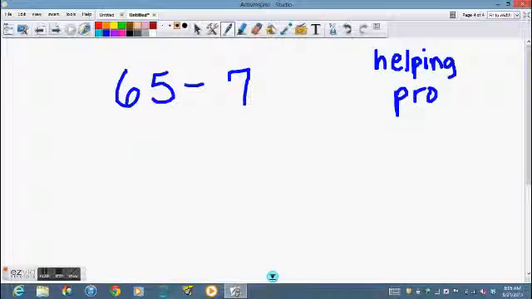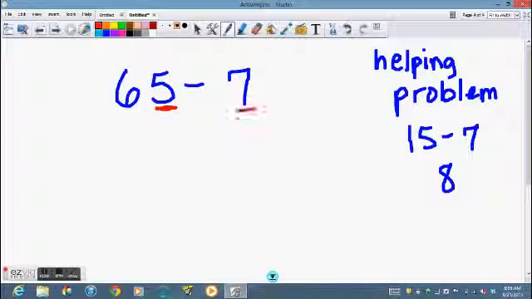And the way I know that the helping problem is 15 minus 7 is I've got this 5 here and this 7. And I know in my mind that I'm going to have to borrow and that the 5 is going to become a 15. So in this problem, 65 minus 7, I know that my 1's digit is going to be 8. I use the helping problem, 15 minus 7, to tell me that.